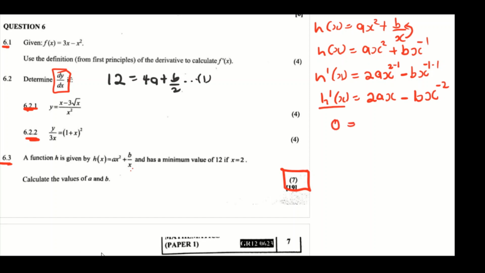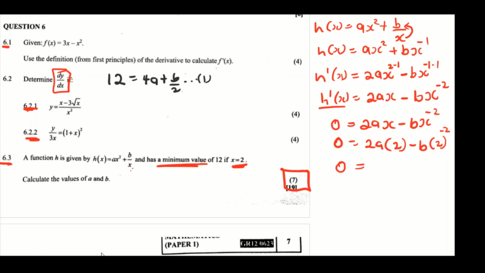So 0 is equal to 2ax minus bx to the power of minus 2. So the x is actually this 2 here. Why? Because it's the x value of the minimum value. So it's going to be 0 is equal to 2a into 2 minus b into 2 to the power of minus 2, like this.